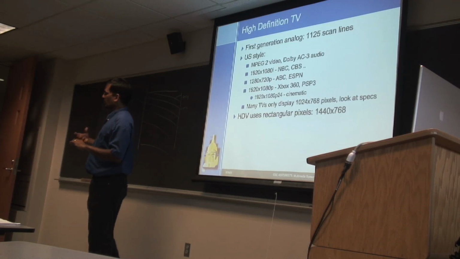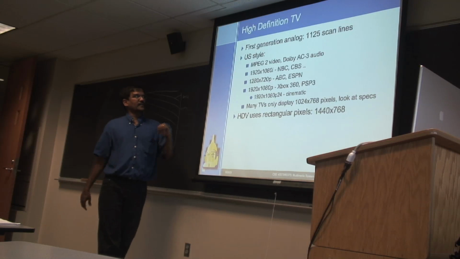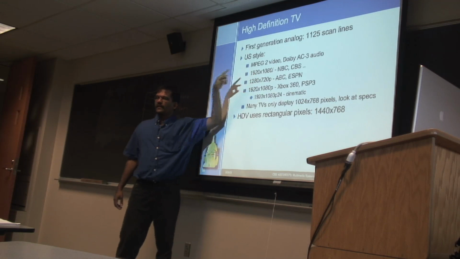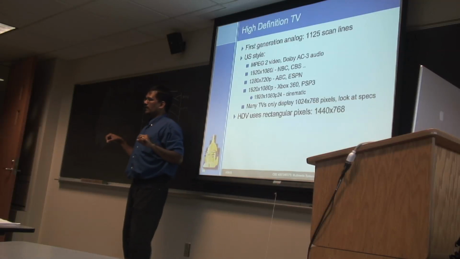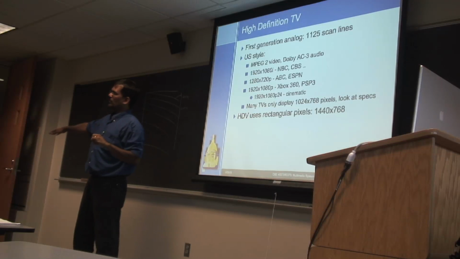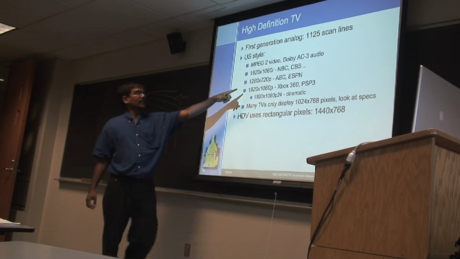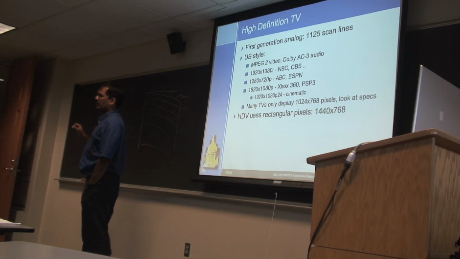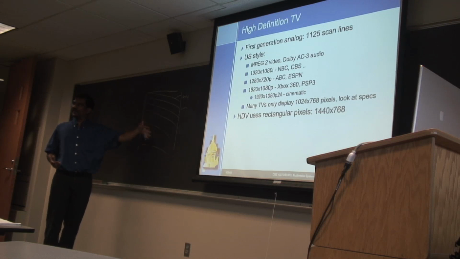It also supports lower definition variants. If you look at the table, there's a whole bunch of these things, but essentially these are the two high definition formats, right? The 1920 by 1080 is I, it's interlaced, right? So it does the interlacing stuff. Whereas the 1280 by 720 is a P, which means it's progressive, which means that it doesn't do this line business.